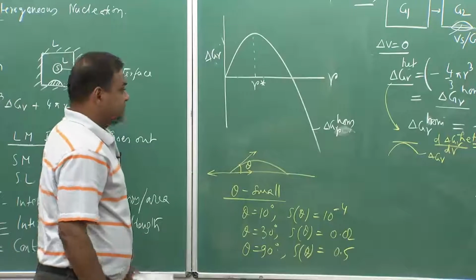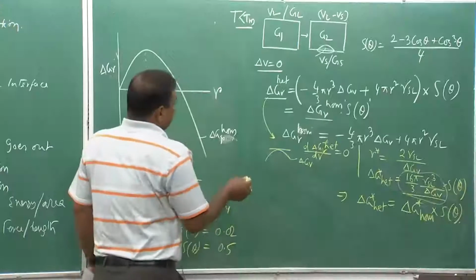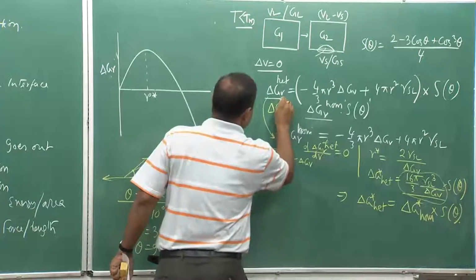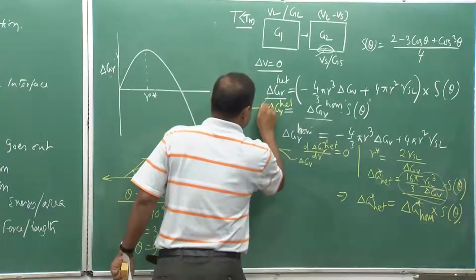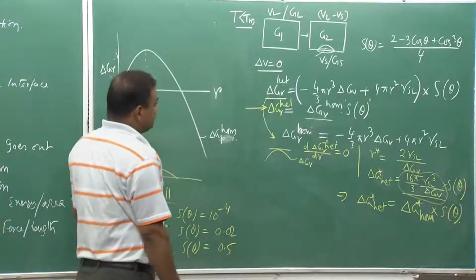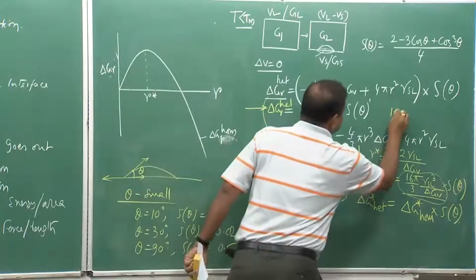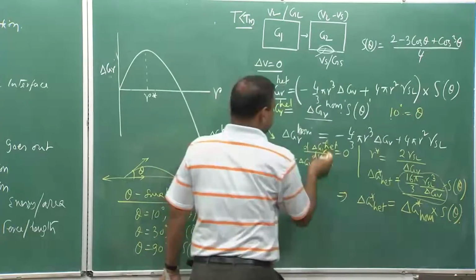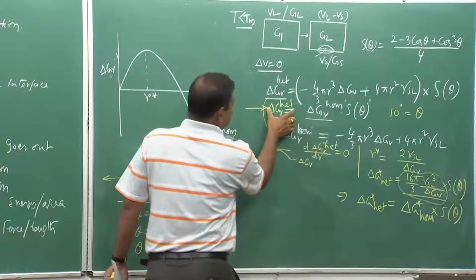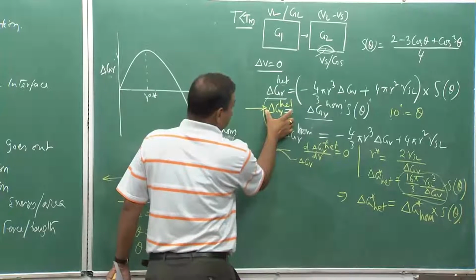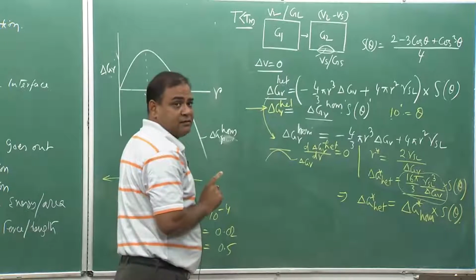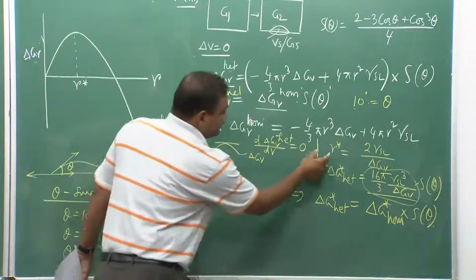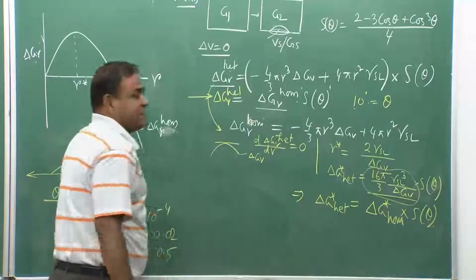Now, it is interesting. That means, if I consider this expression, delta G r heterogeneous, if the contact angle theta is 10 degree, then delta G r heterogeneous at the same critical r would be very, very low, because as we have seen, r star does not change.